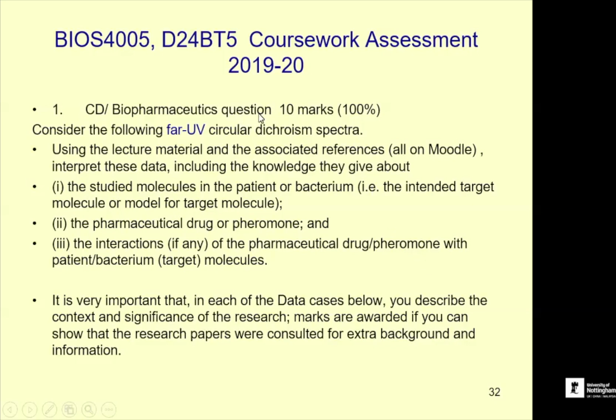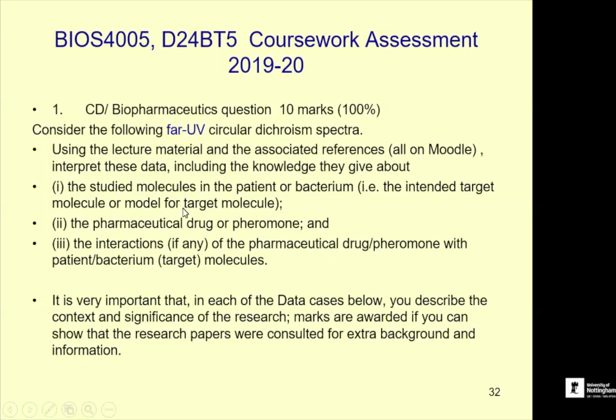The CD question is based on far UV data, and you're asked to interpret what the data is showing for a number of different papers and different examples of interactions between molecules in the far UV region.